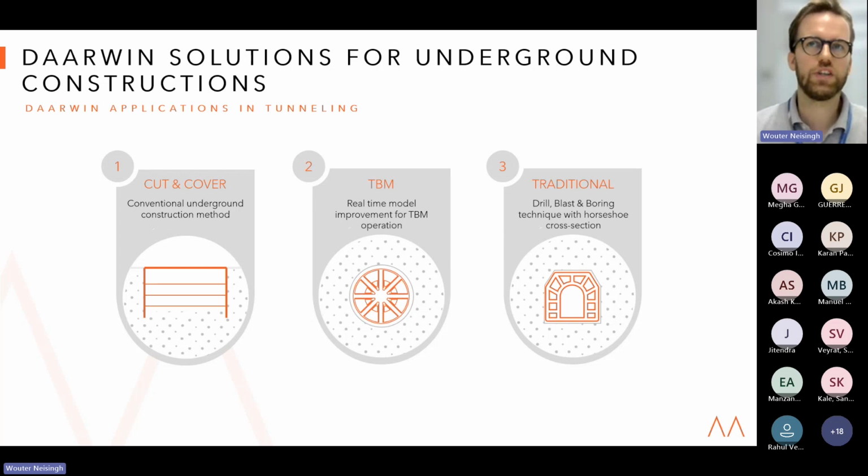And the last one is traditional tunneling, where it can be a combination of drill, blast, and boring techniques. Usually you recognize them because of their typical horseshoe cross-section. For today, I'll give you specific examples about the first two categories. So we'll dig into that in more detail later on.